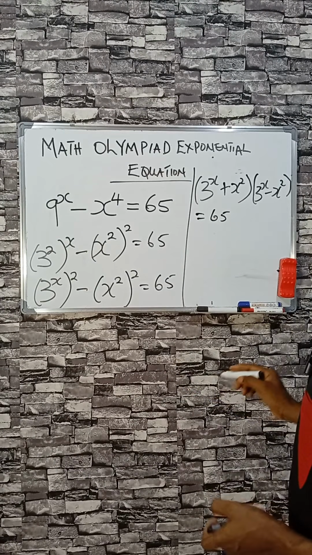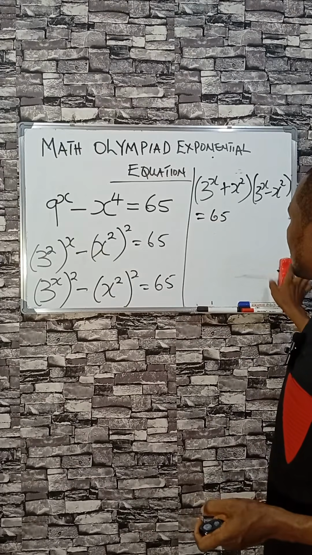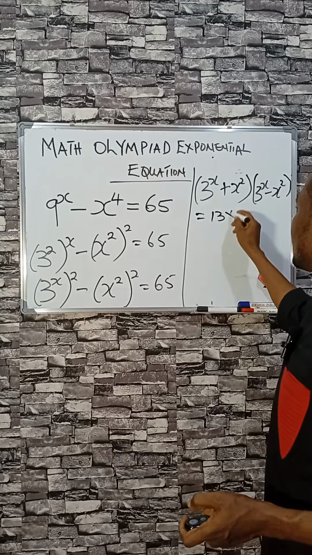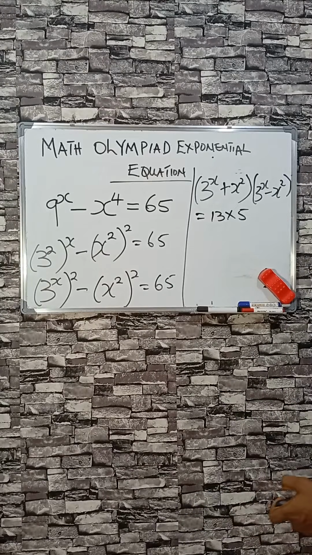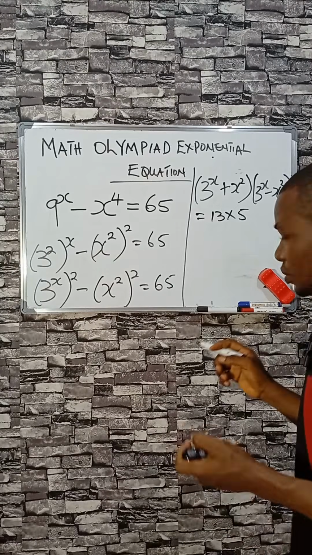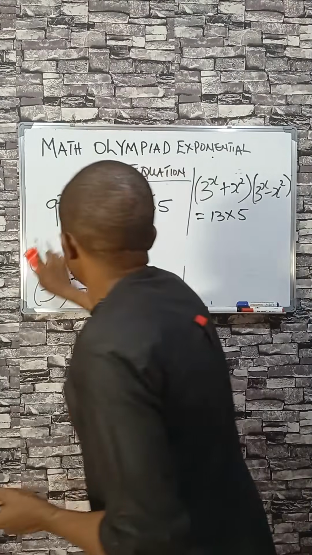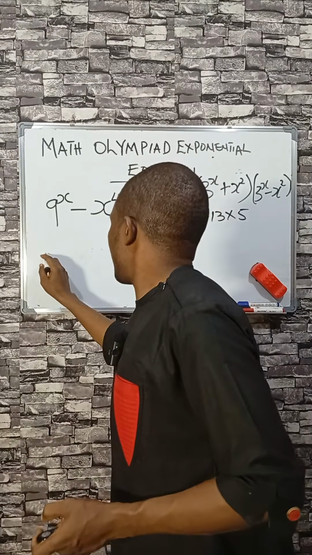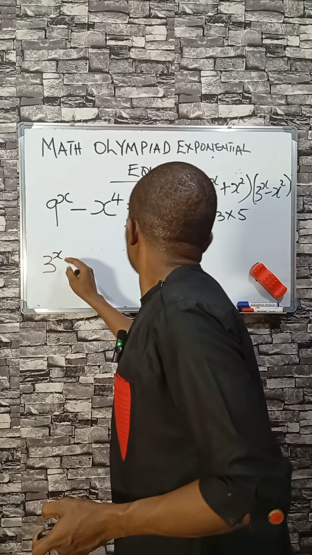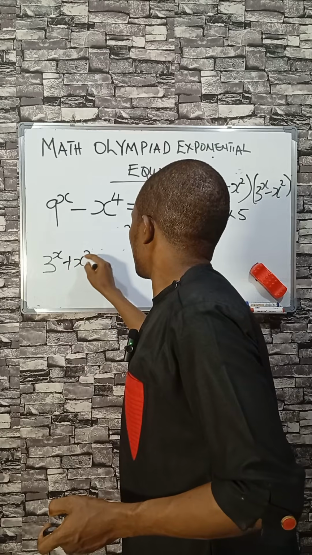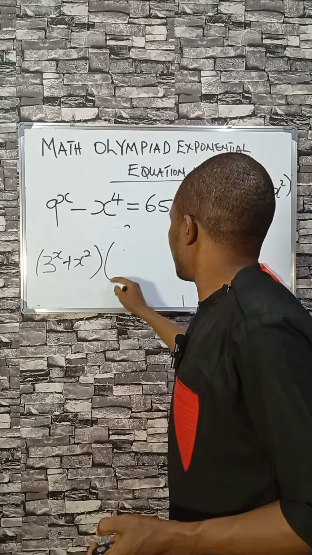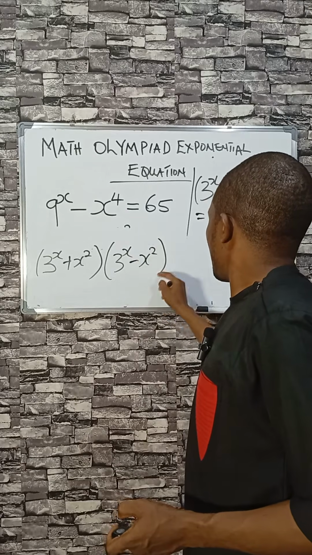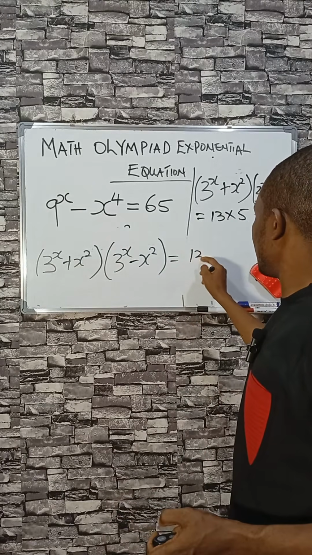But we can write 65 as 13 times 5. Check closely. If I clean this place so that we can compare coefficients, we have the first bracket, 3^x plus x squared, and the second one, 3^x minus x squared, equal to 13 times 5.